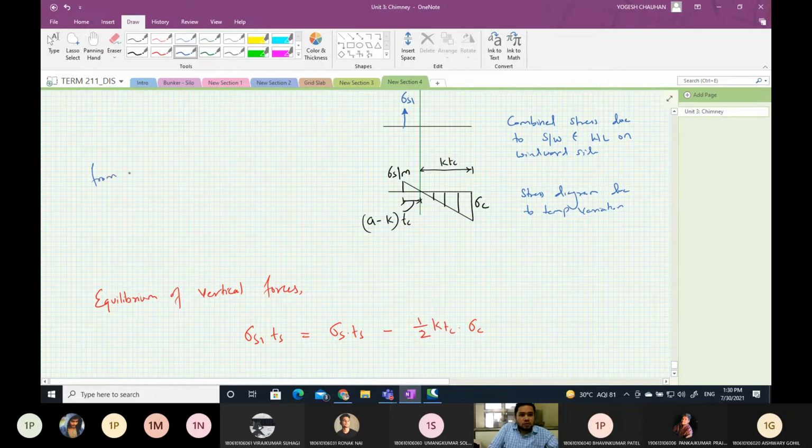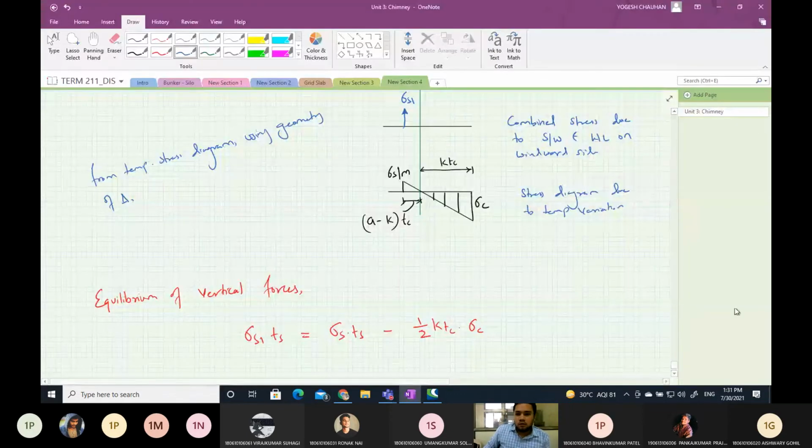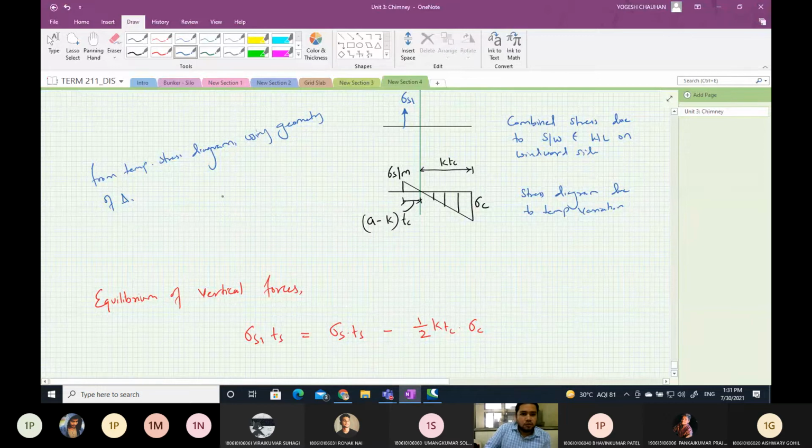So from the temperature stress diagram, using geometry of triangle, we have sigma C by K times Tc is proportional to sigma S by M divided by A minus K times Tc.